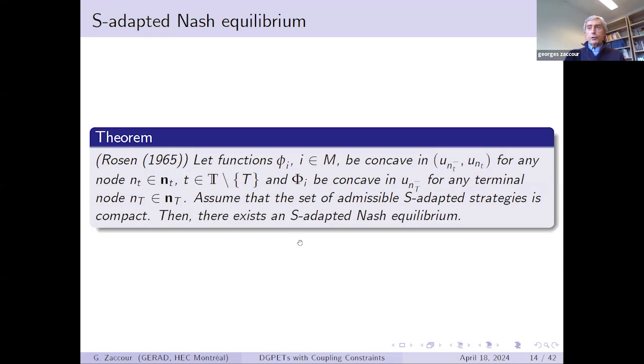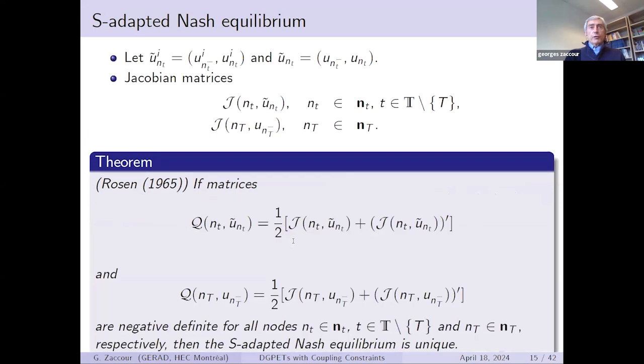I guess this is the kind of theorem that we teach in any 101 game theory course. Now, for uniqueness, the first step is to introduce these tilde vectors, u^i at n-t and nt, to write down the Jacobian matrices.